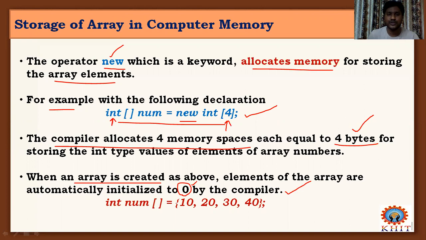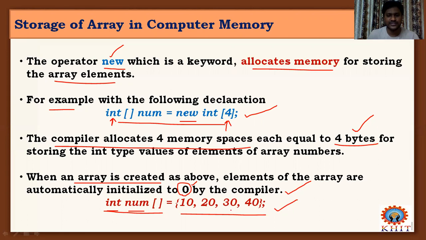But when you want to initialize this array with some elements, you can simply use a statement like this. And here we need no new operator. You can directly define the type and declare the array like this, assigning some values with curly braces and comma separated elements.